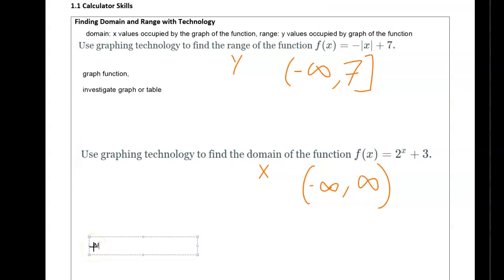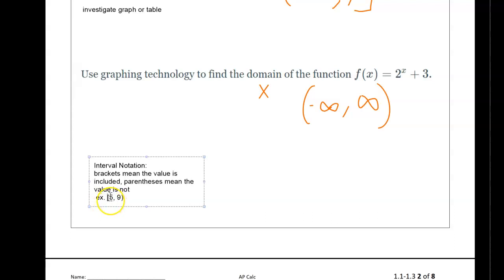And the last thing we'll capture here is just a reminder on notation for these problems. We'll call it interval notation. We use a square bracket to represent when a value is included, and parentheses to represent when it is not.